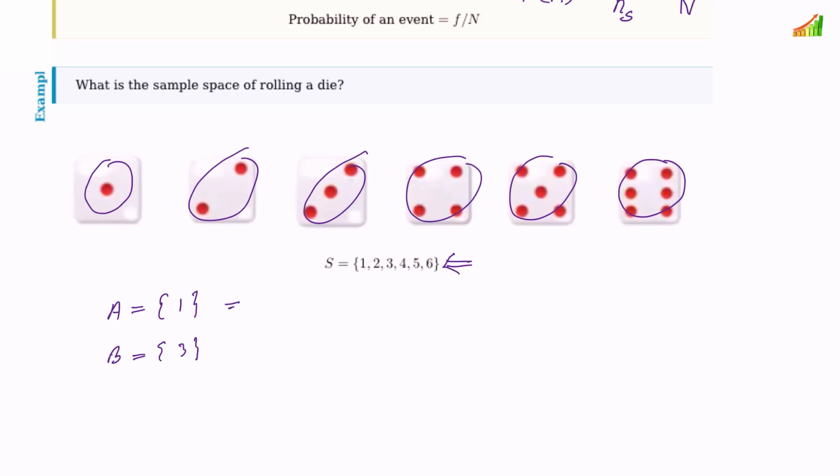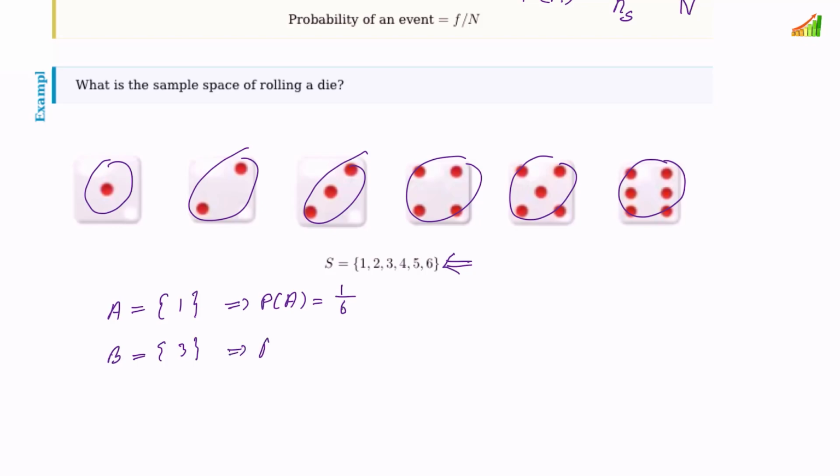So what is the probability of A? Probability of A equals the number of elements in A, which is 1, and the total in the sample space is 6, therefore 1/6.